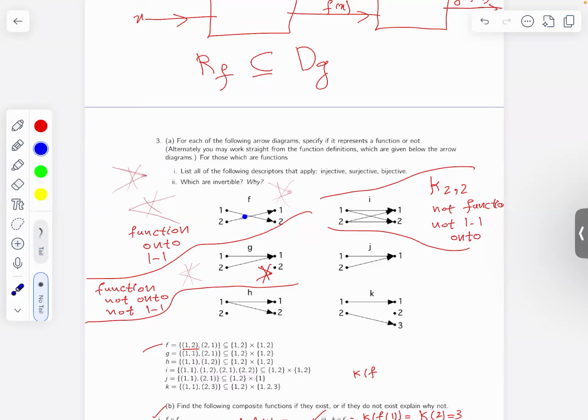For the first one, we don't see this scenario for a function, so it's a function. In the domain, the arrows to the destination set, we don't see such a scenario. So it's a one-to-one function. And we see that all the destination members have been covered as well, so this function is also surjective.